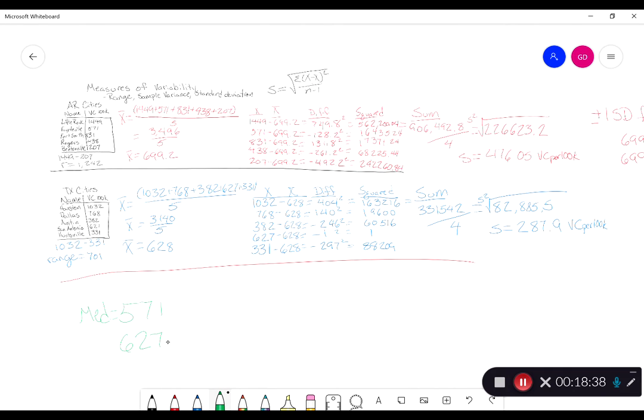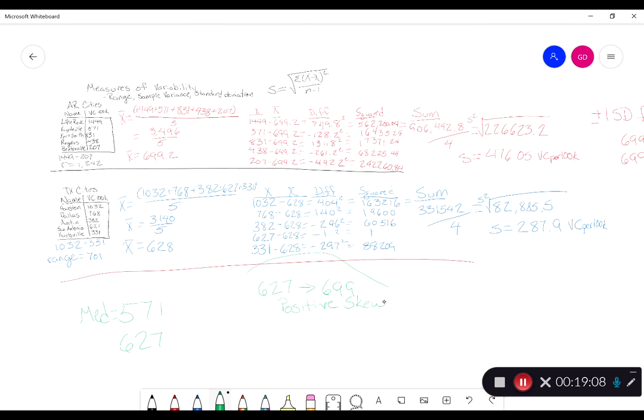So we can put it along a curve. For Arkansas, the mean is greater than the median. Our median is 571 with the mean being to the right of it at 699. So we know the tail of the distribution is going out to the positive side, so we at least know there's a slight positive skew when the mean is greater than the median.